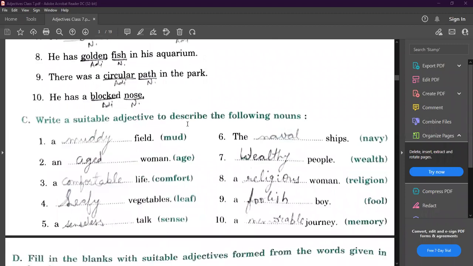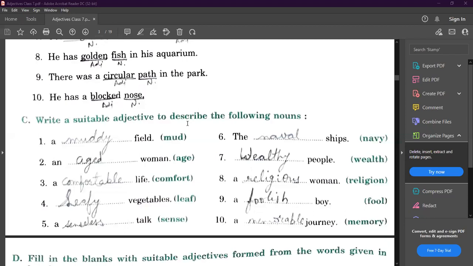Now write a suitable adjective to describe the following noun. You have to write suitable adjectives. Some hints are given in brackets, use those words. A muddy field. Muddy means having a lot of mud. An aged woman.